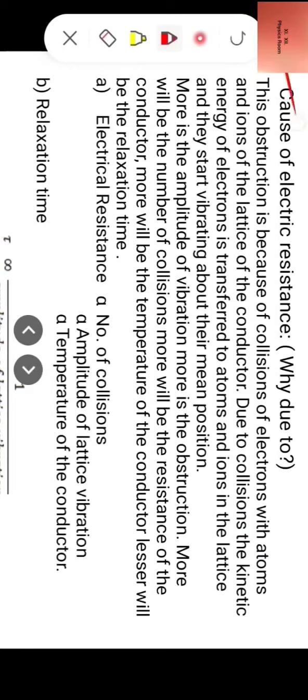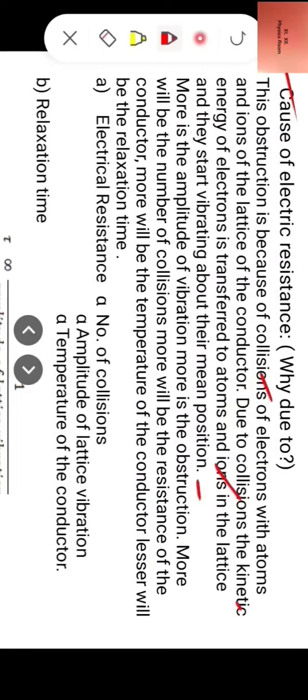Now cause of electric resistance, why it is due to. So this obstruction is because of collisions of electrons with atoms and ions of the lattice of the conductor. Due to collisions, the kinetic energy of electrons is transferred to atoms and ions in the lattice, and they start vibrating about their mean position.